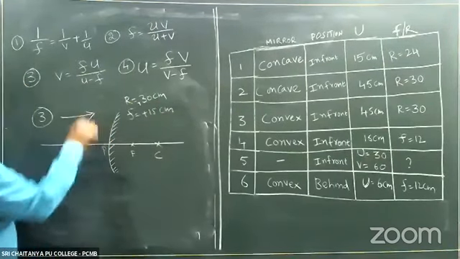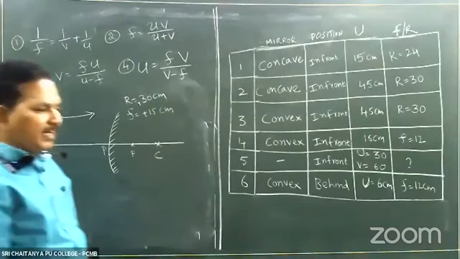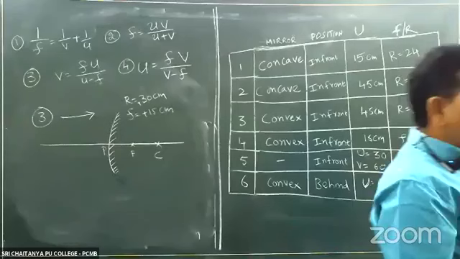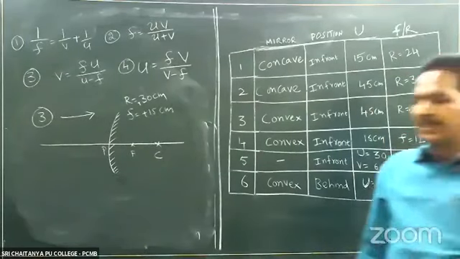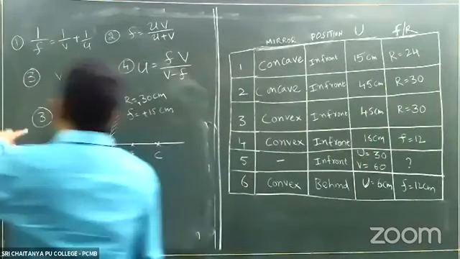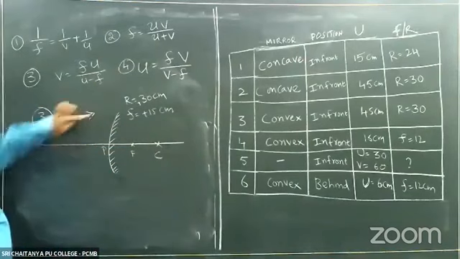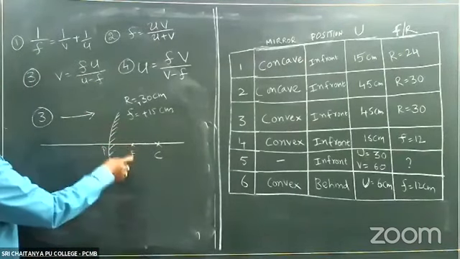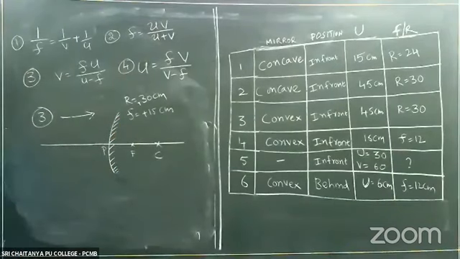Sir, how can you write plus? See the direction of light and the measurement distance. Light is falling onto the mirror in this direction. P to C, P to F are in the direction of the light ray. So plus only. R value plus 30, F value plus 15.